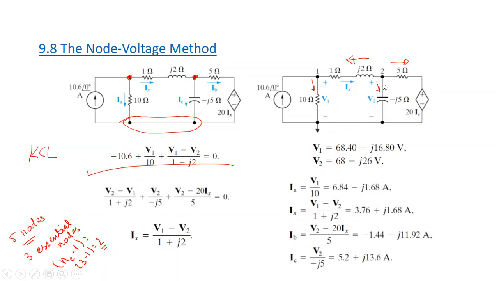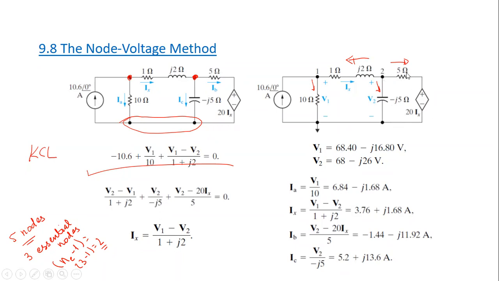And now the current which is going downward will be V2 minus 0, which is the reference, over the impedance, and the impedance here is only a reactive element, which is negative J5. So it is V2 over negative J5.